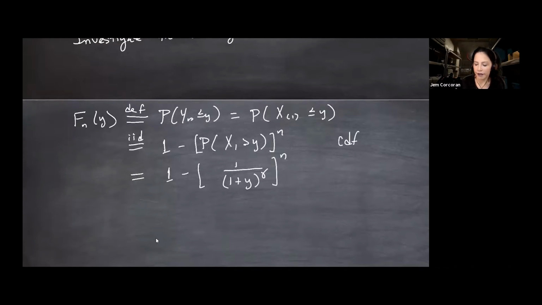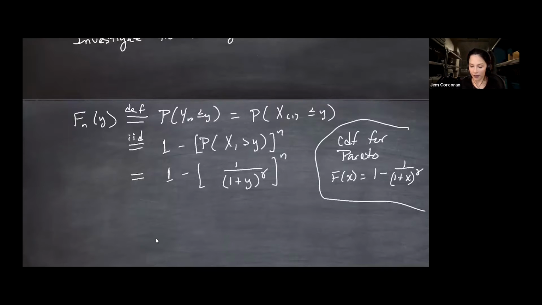So the CDF for the Pareto is 1 minus 1 over 1 plus x to the gamma. And I just used 1 minus that, and I used y instead of x. Okay, so this is 1 minus 1 over 1 plus y.